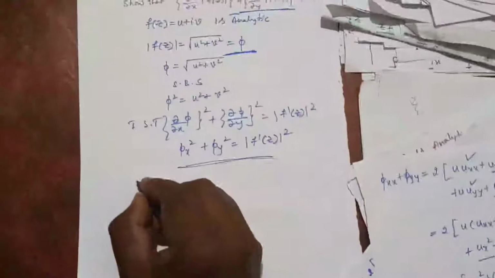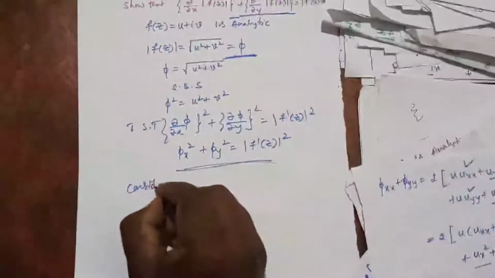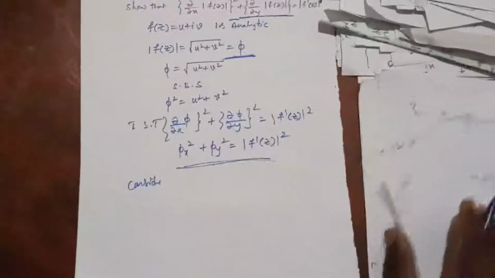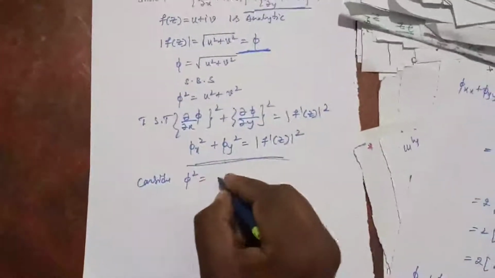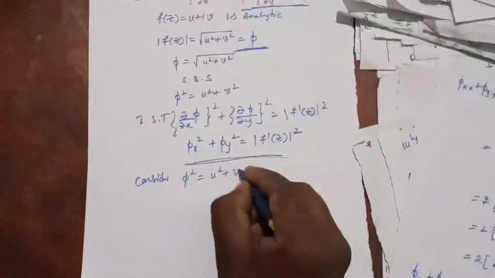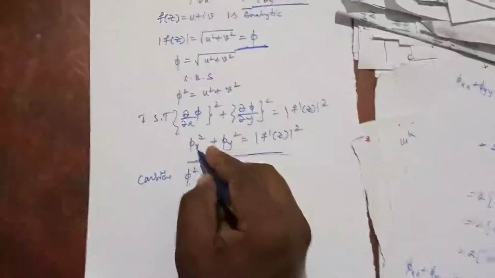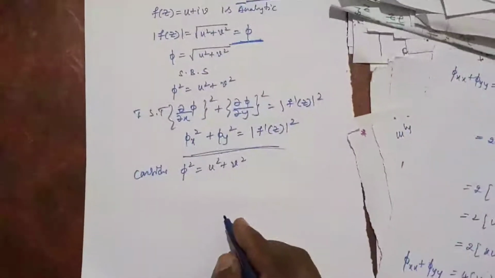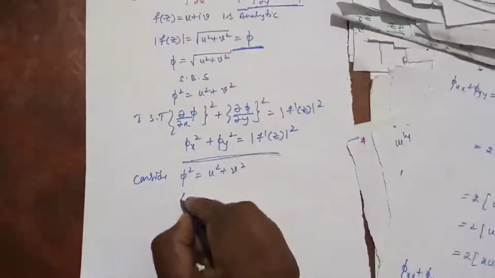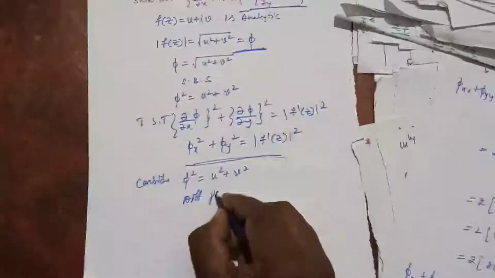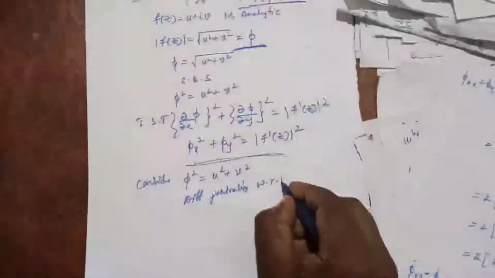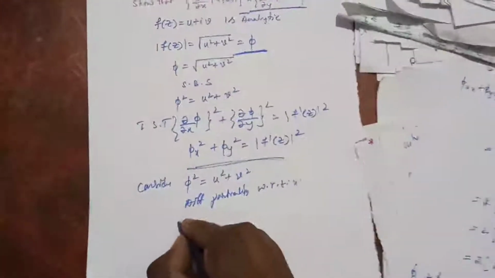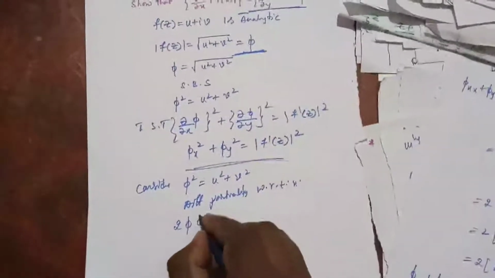So consider phi square equal to u square plus v square. Here we require only first order partial derivatives, so differentiate partially with respect to x. What will it become? Phi square differentiation gives 2 phi phi x.